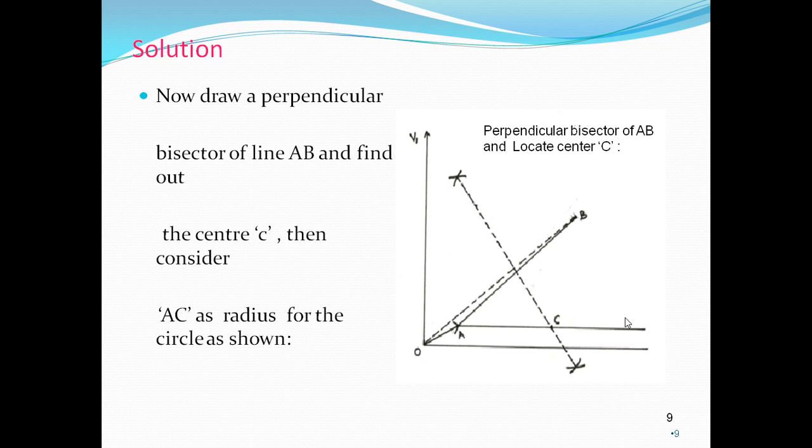If you take C as center and AC as radius and draw a semicircle, it passes through point B. So that is the semicircle ABD.